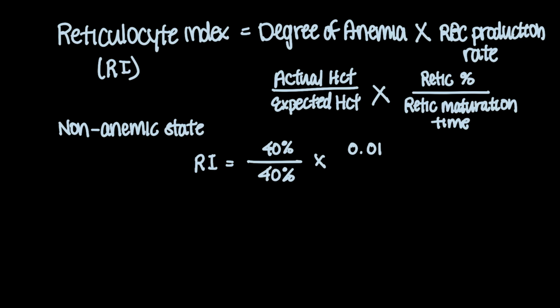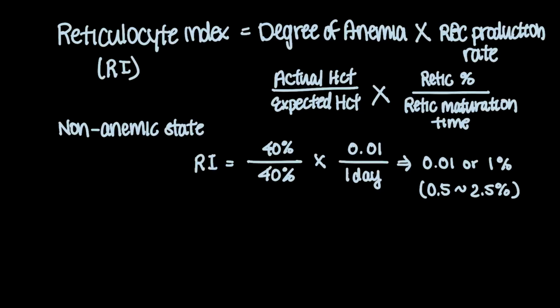And we'll get to later about how we determine the reticulocyte maturation time, but it's about 1 day for anyone who has a hematocrit of about 40%. So the reticulocyte index calculates out to be about 1%, which is normal for someone in a non-anemic state where the reticulocyte index should range somewhere between 0.5 and 2.5. But it's easier to just remember 1%, so I think that's something we can use as a reference.